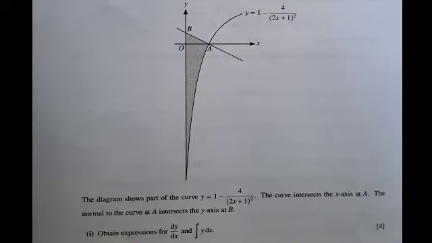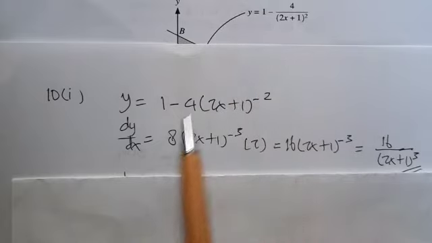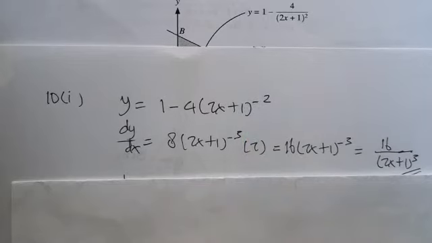Obtain an expression for dy dx and the integration of y dx. Rewrite this equation as 1 minus 4 times (2x plus 1) to the power minus 2. And now differentiate with respect to x.